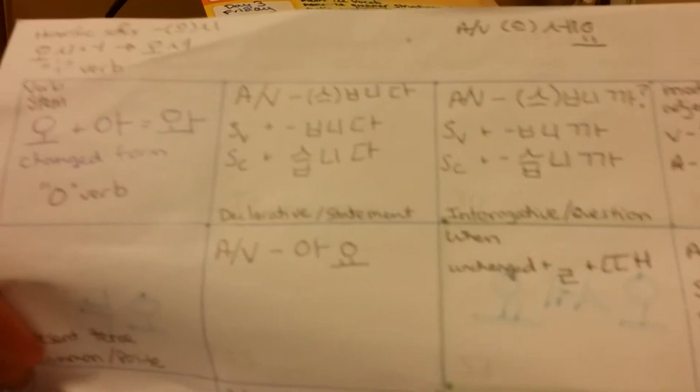And then on the back of this big chart, I figured out what the patterns were for the different things. So I figured out that for an adjective or a verb, in honorific tense, if it ends in a vowel, you do it this way.